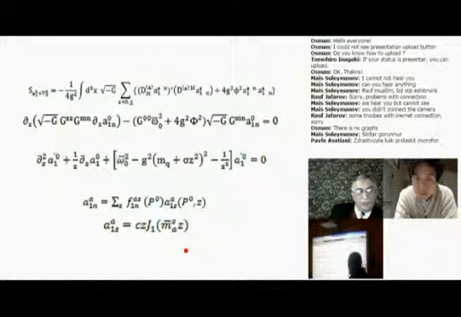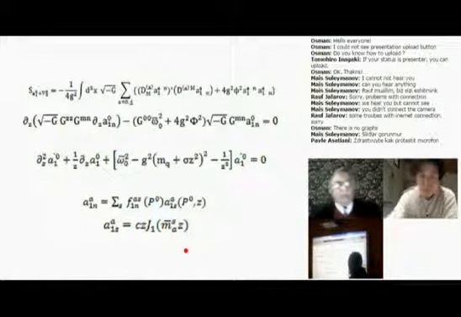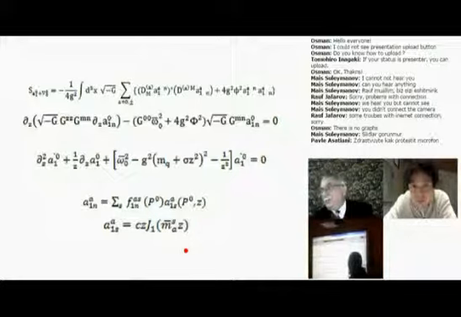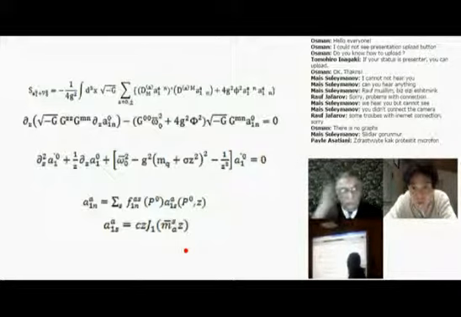Written explicitly in Poincaré coordinates of AdS space, the equation has this explicit form, and in momentum space we apply the decomposition.